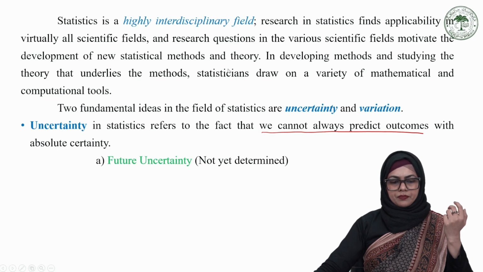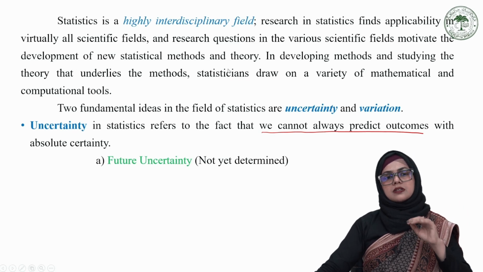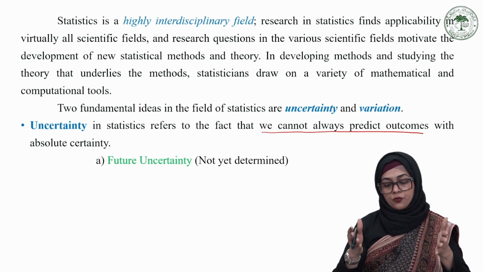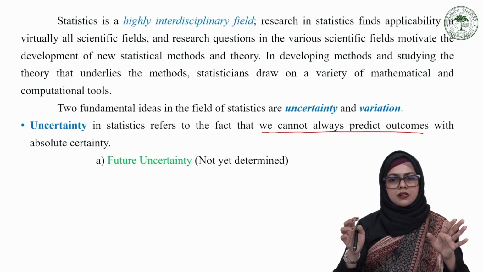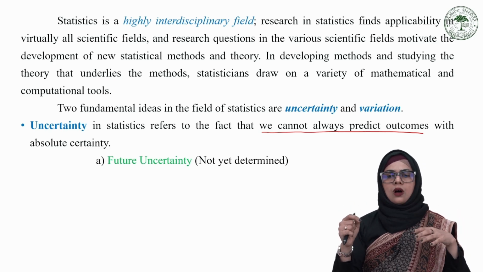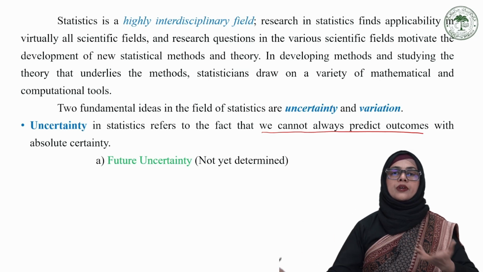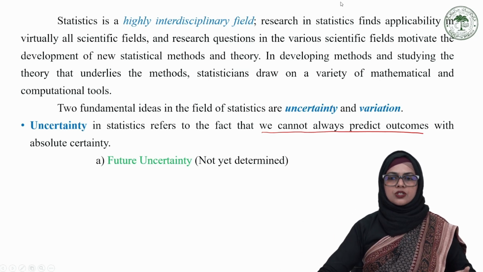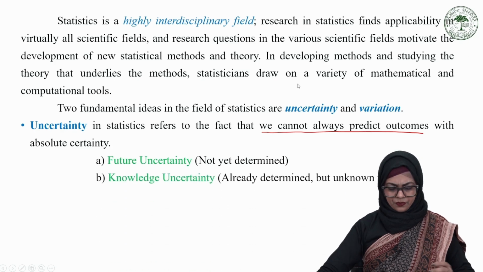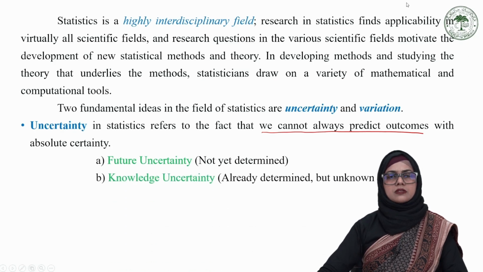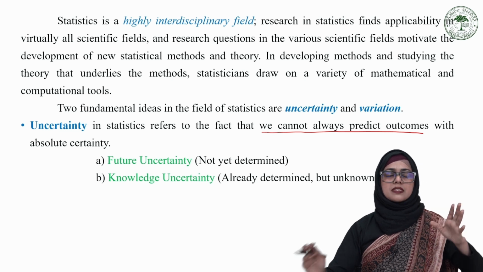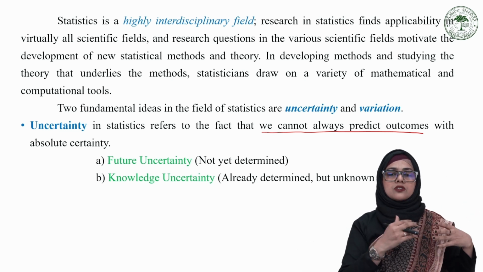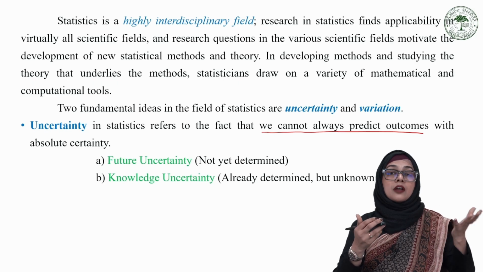Plus we also know that uncertainty can be divided into two types. That is future uncertainty, meaning not yet determined. If you want to know whether it's going to rain tomorrow or not, that future is uncertain to us. And then there is knowledge uncertainty, meaning something is present, but it is unknown to us at this time.